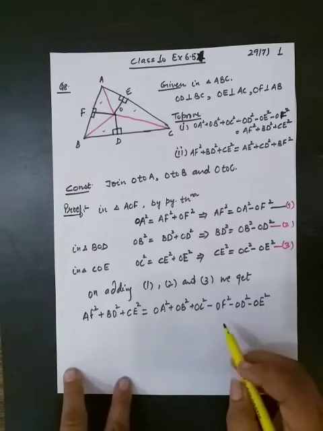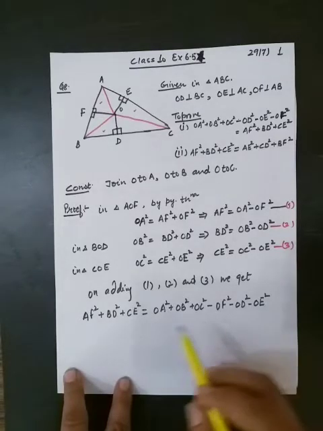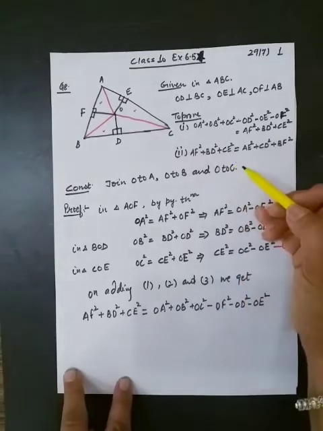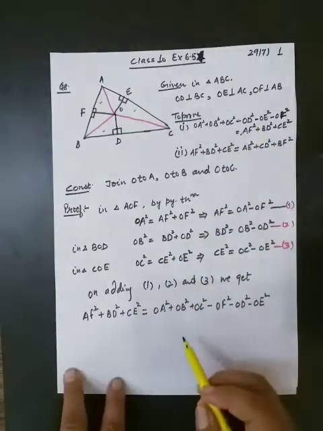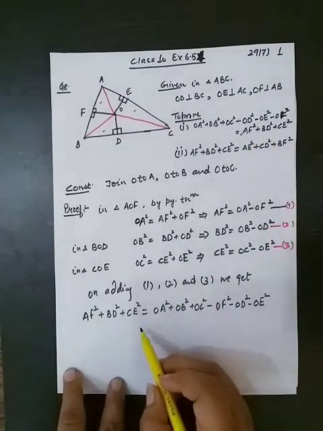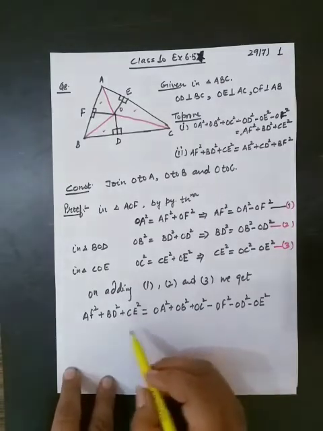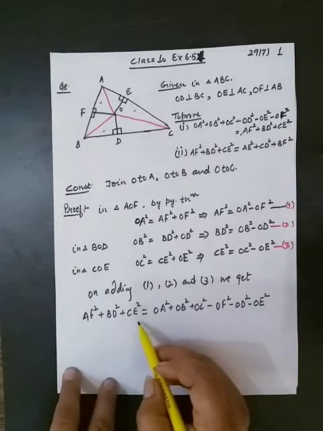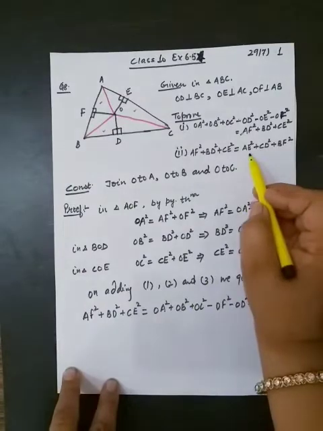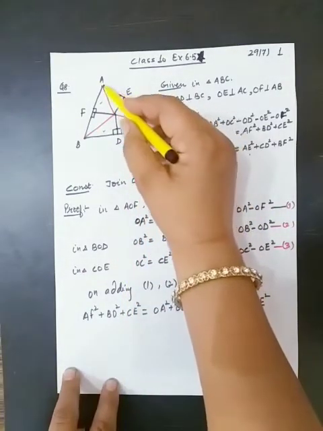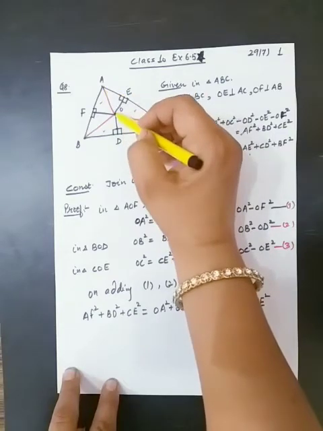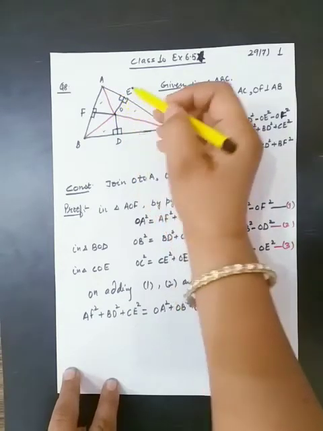And for the next result we have to prove that this one is first result and second result, in this we have to change AF square plus BD square plus CE square to AE square. Now go to triangle AOE. Here AE square is equal to OA square minus OE square.